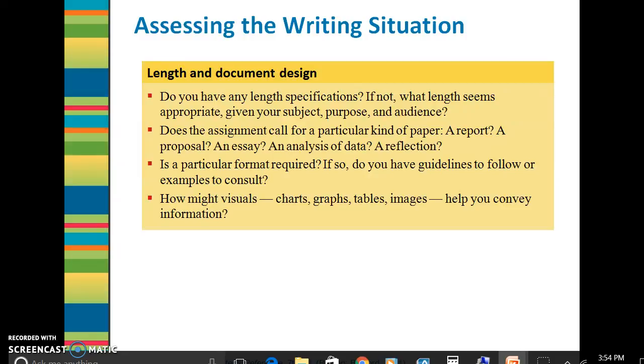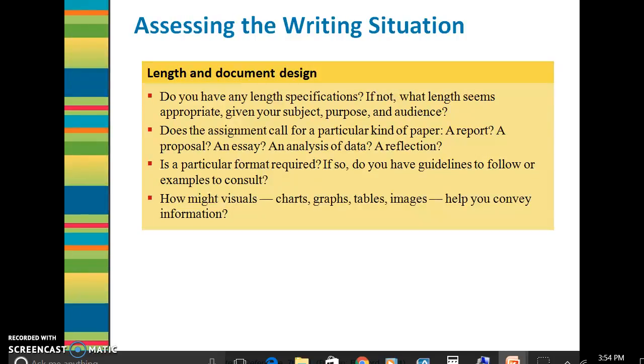And as you consider the writing situation, you'll definitely want to know about the parameters of the assignment. For example, the length of the assignment. Are you given a page length? And I will be providing that for you. Does it call for a particular type of paper?